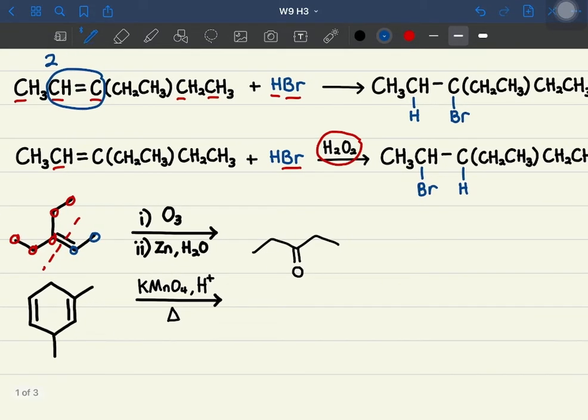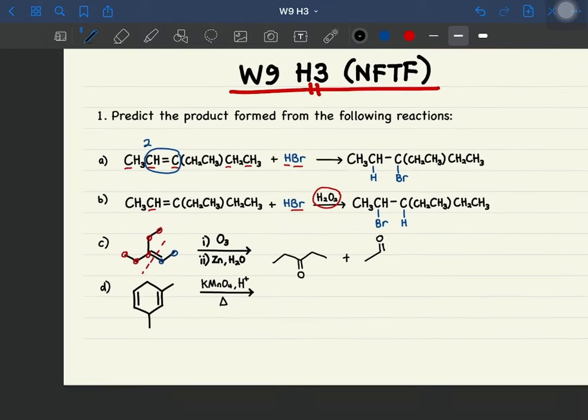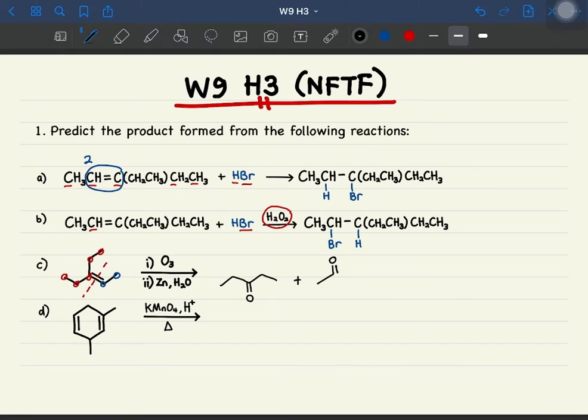So we're going to add these 2 carbons, 1, 2, and at the first carbon, we are going to put the double bond O. So we're going to have a combination of ketone and also aldehyde from these ozonolysis reactions.